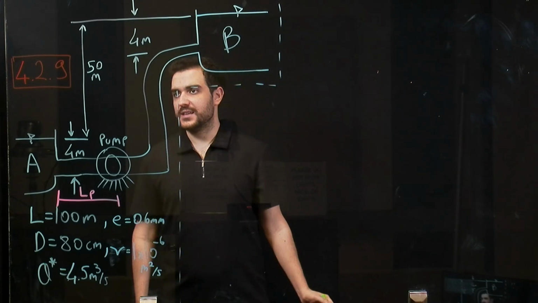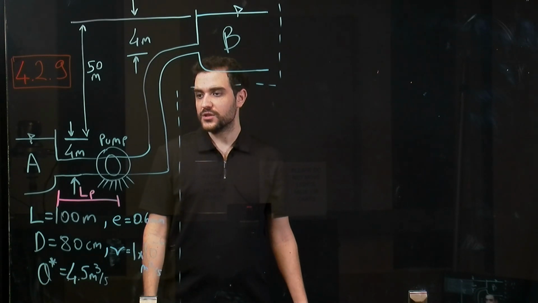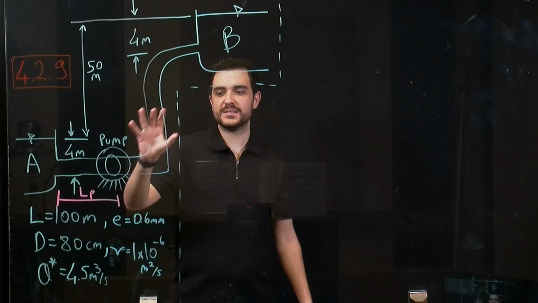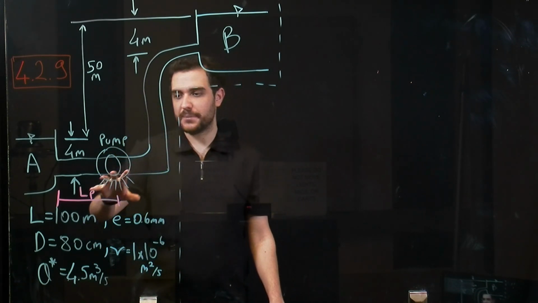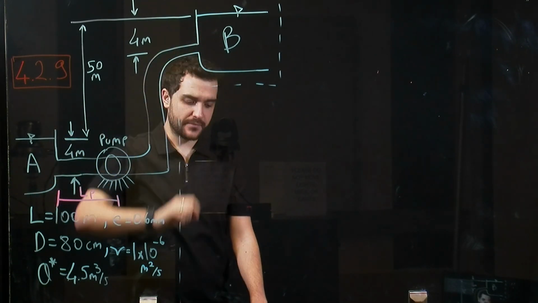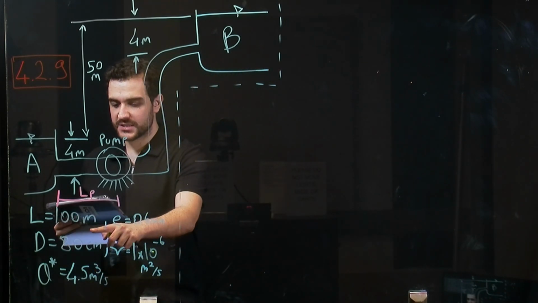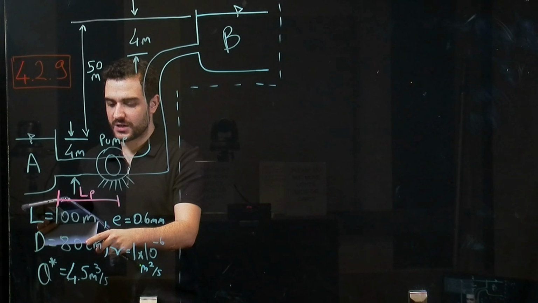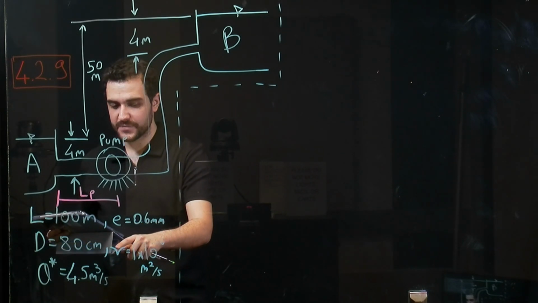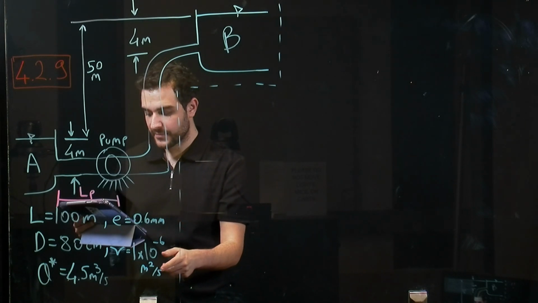Okay, let's continue with next question, which is 4.2.9. So in this question, we have a system with a pump, and this pump is used to lift water from reservoir A to B. The length of the pipeline is 100 meters. The pipe is rough concrete with a diameter of 80 centimeters, and the roughness value is 0.6 millimeters.